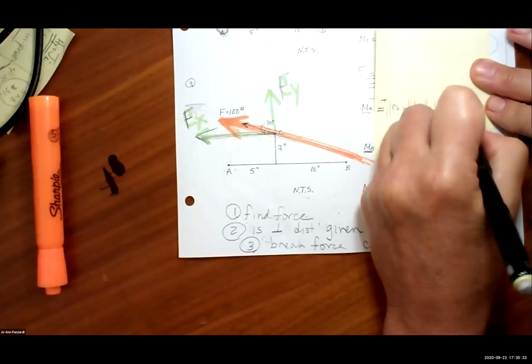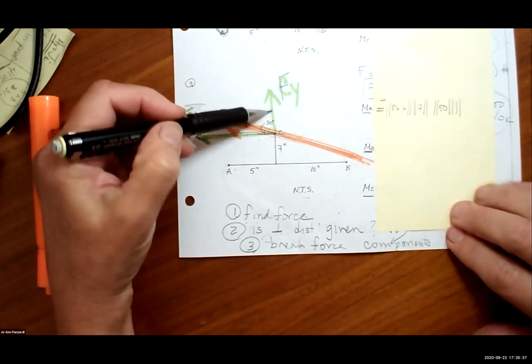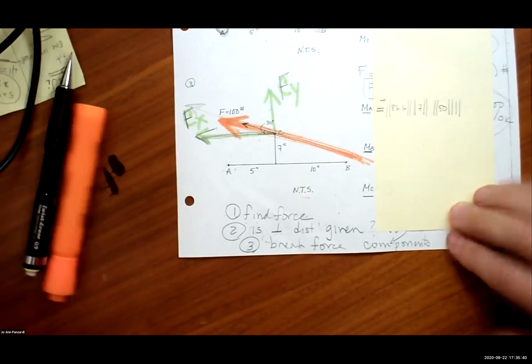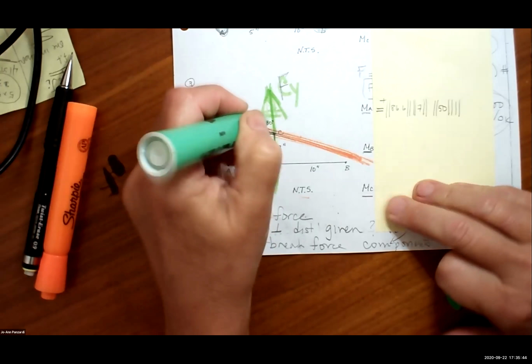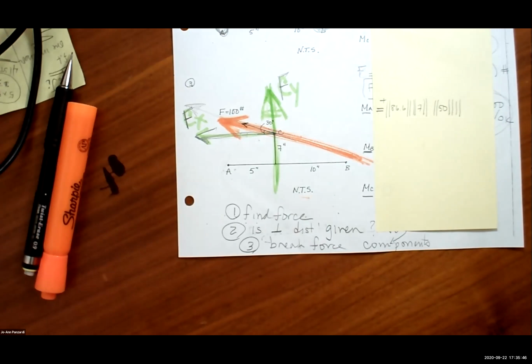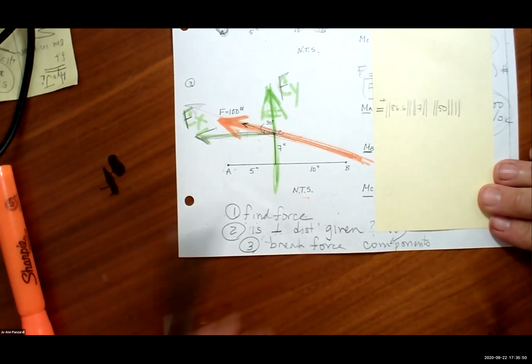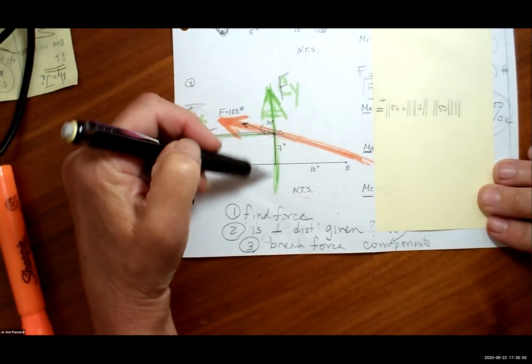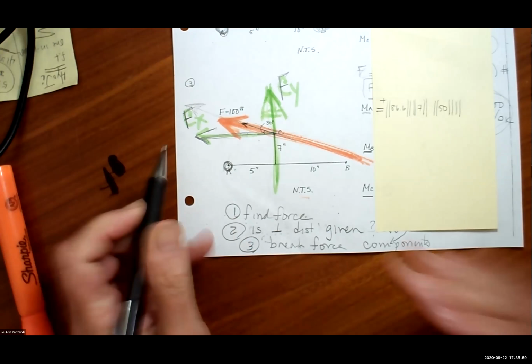And then the Y component is 50, absolute value, times, let me go on. Laura, now I'm looking at the FY. Here's FY. What's the perpendicular distance from FY to point A? 0. Okay, try it again. Here's FY, right? And here's point A. What is the perpendicular distance from the force?